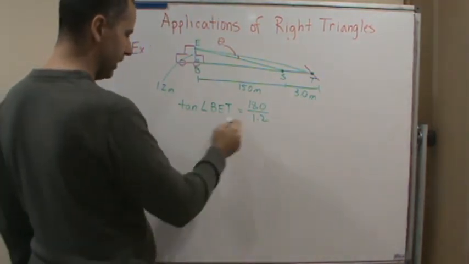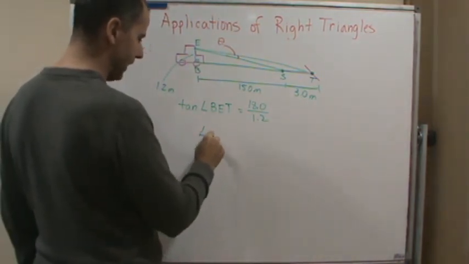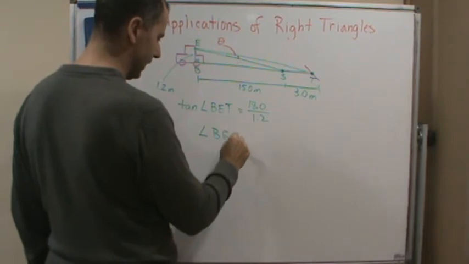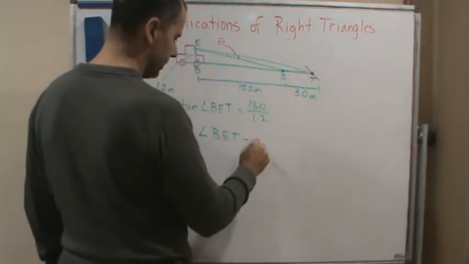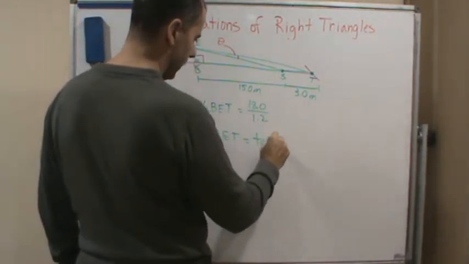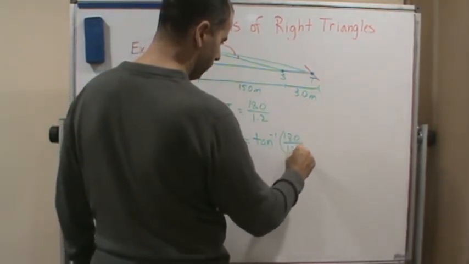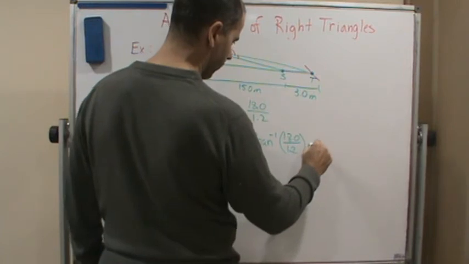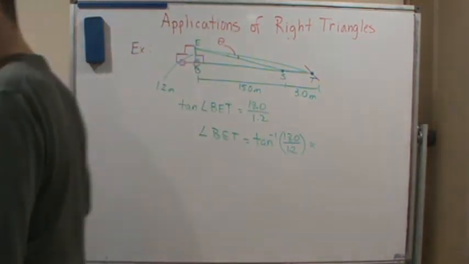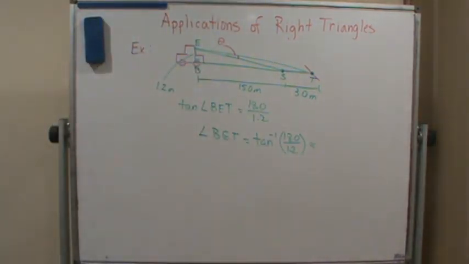If I take the inverse tangent of both sides, then angle BET is equal to tangent inverse of 18.0 over 1.2, which gives us an approximate angle of 86.2 degrees.